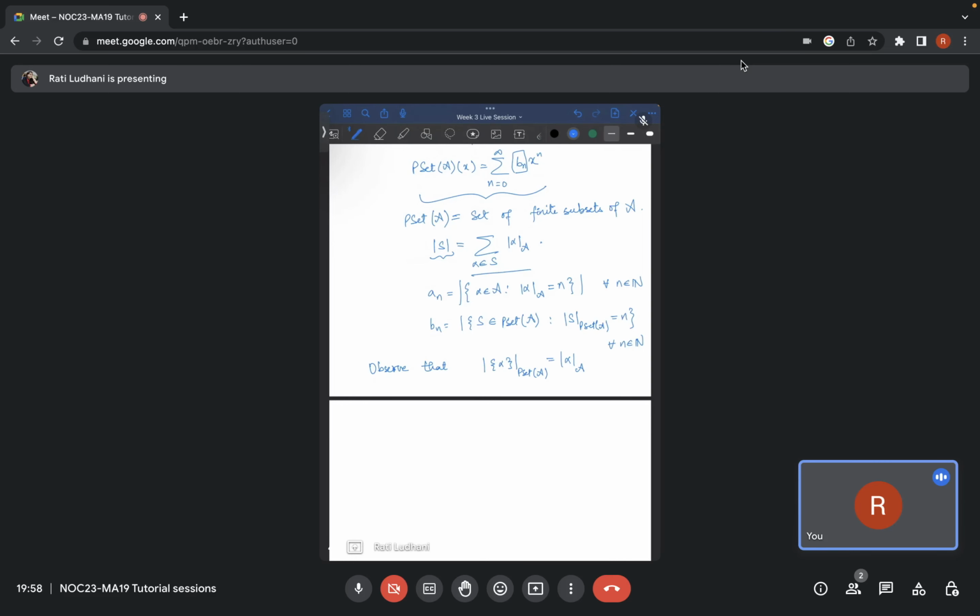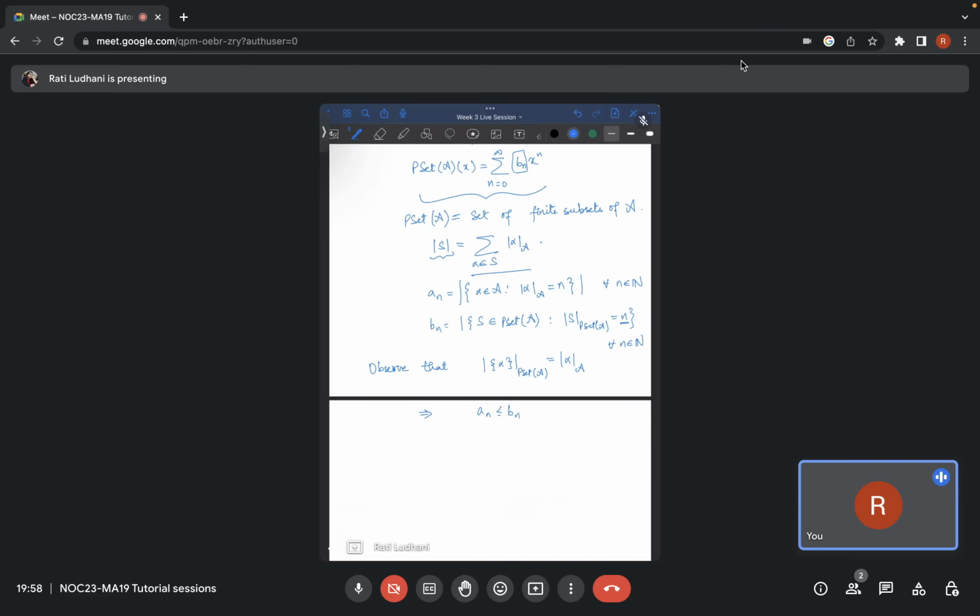So you will have just that element alpha, and the summation will be just one summand. So you'll get this. This implies, for every n, An will always be less.